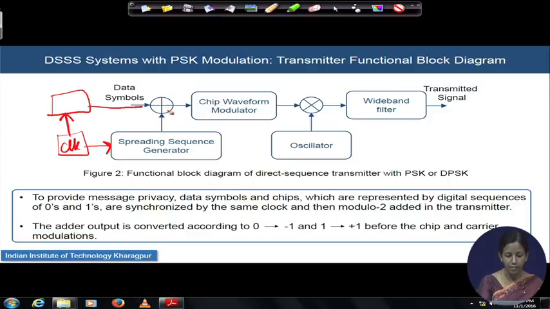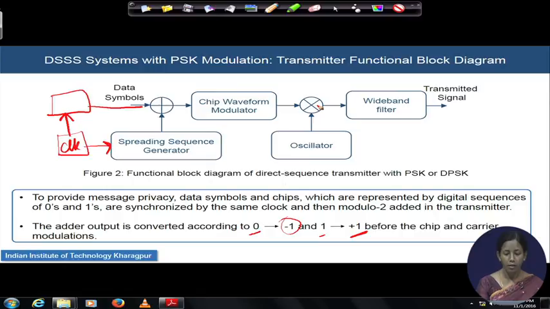The output of this adder will be converted by this block from 0 to -1, and 1 to +1. If the incoming bit is 0, we will get -1, and if the incoming bit is 1, we will get +1. Then the waveform has a chip modulation, and finally here is the carrier modulation going on.